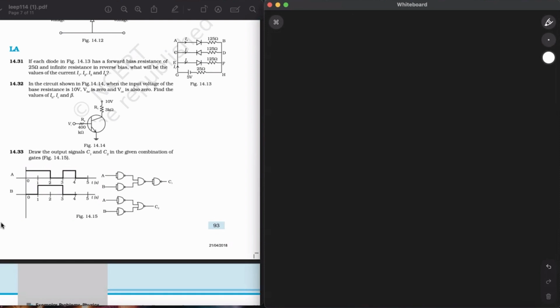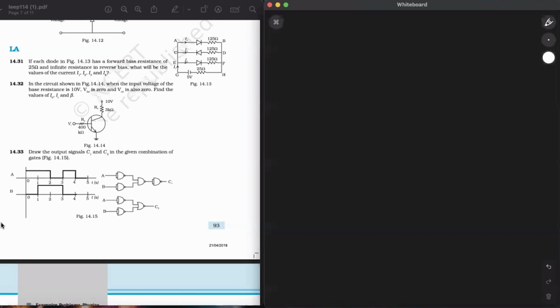Alright. Question number 31. If each diode in figure 14 contains a forward biased resistance of 25 ohms and infinite resistance in reverse bias, what will be the value of the current I1, I2, I3 and I4? Obviously infinite resistance will be there in reverse bias.